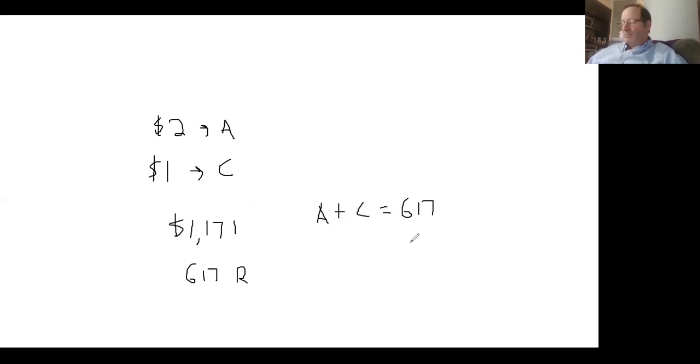The only answer choice that has that is D. But also notice in D, the other equation is 2A plus C equals 1,171, which also makes sense because 2 goes with A, 1 goes with C. All right, so just do those in 2 parts, and it's pretty straightforward.